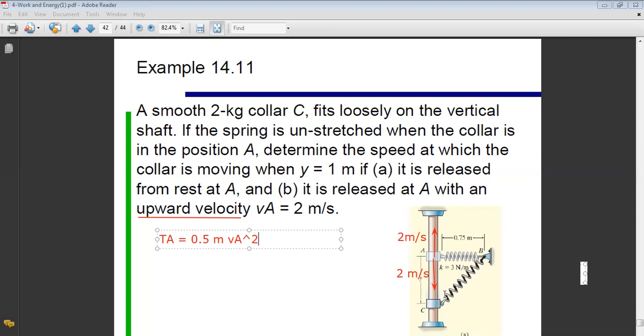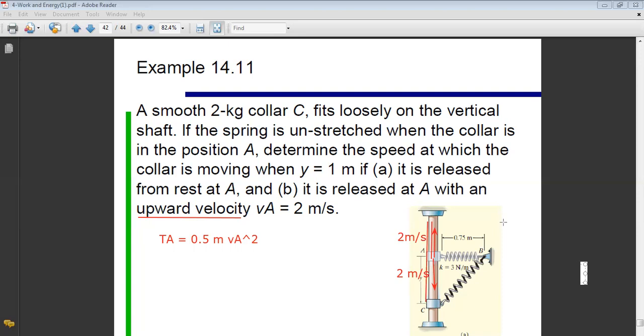Why wouldn't it be the same? Yes, because friction is a non-conservative force, so the work of friction depends on the path of motion. If you have friction and you give an upward velocity, your losses will be higher because you lose energy when you go up, and also when you go down, since friction always opposes your motion.